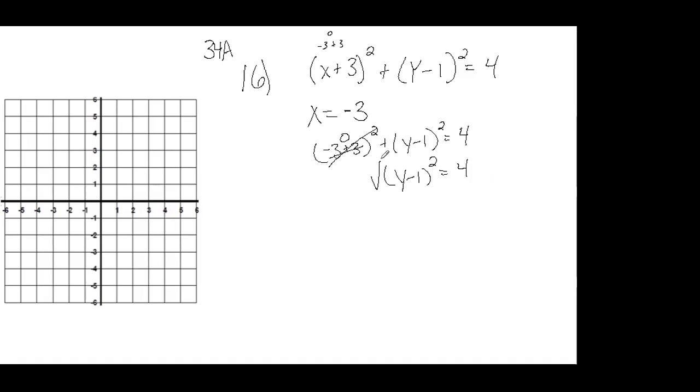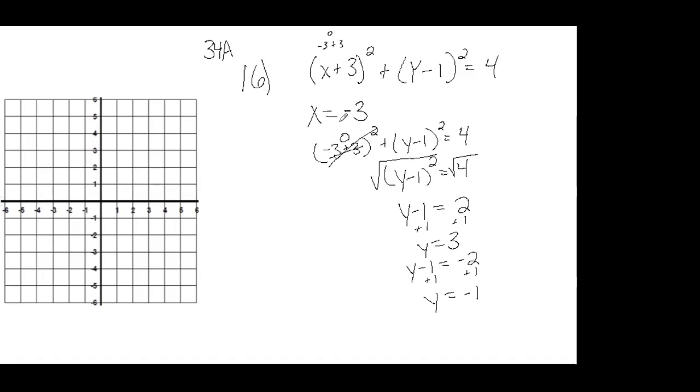This is squared, so I want to take the square root of this and the square root of this side. Now I have y minus 1 equals, the square root of 4 is 2, but it can also be negative 2. So I'm going to jump down and just make another one, negative 2. All right, if I add 1 to both sides, I get y is equal to 3. If I add 1 to both sides here, I get y is equal to negative 1.